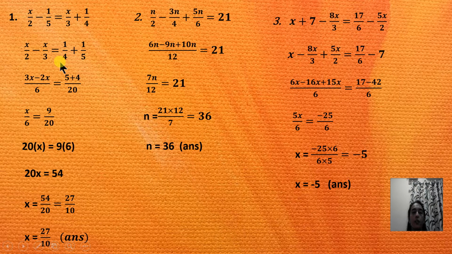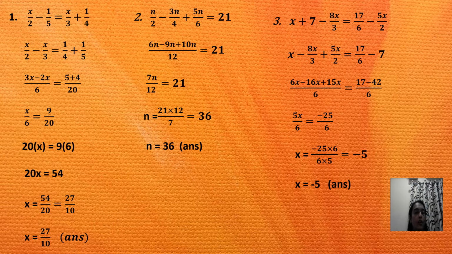So let's begin. x upon 2 minus 1 upon 5 is equal to x upon 3 plus 1 upon 4. As usual, we will first collect the terms with x on one side and the constant terms on the other side.